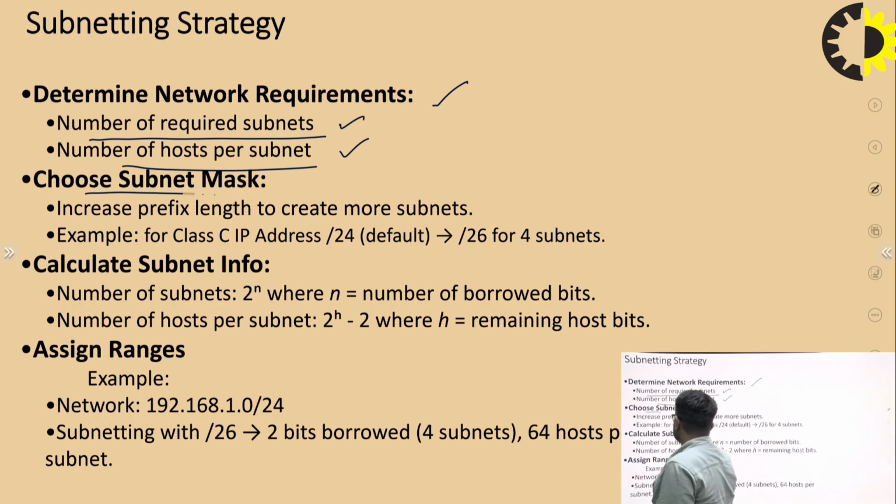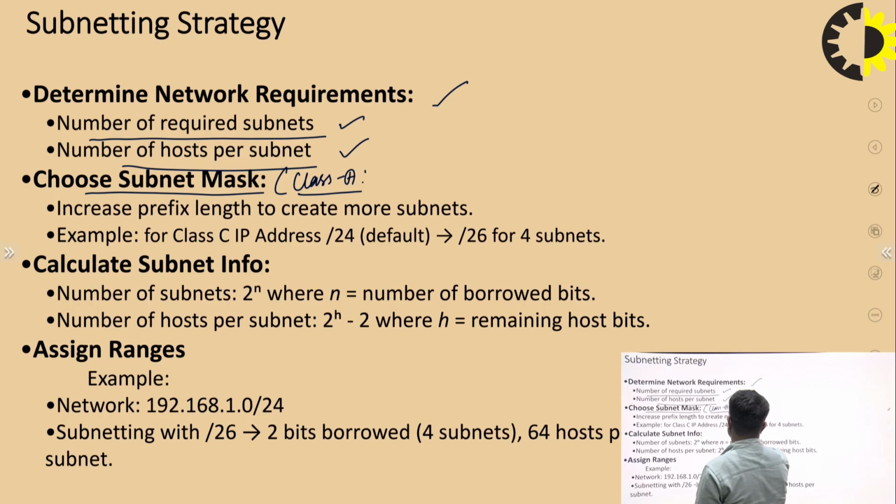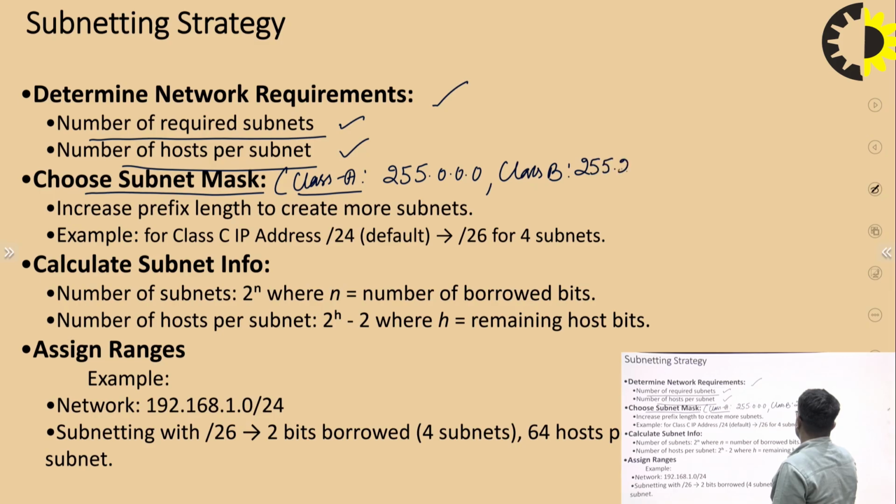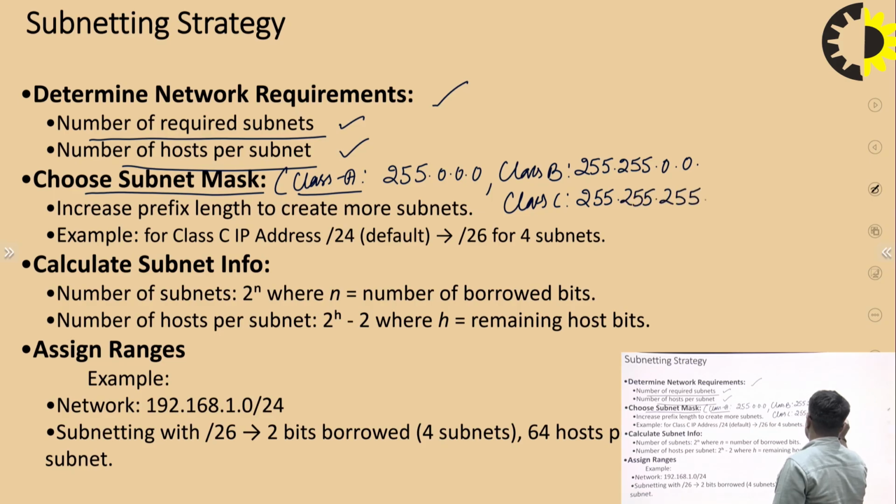Then we have to choose the subnet mask. For class A, we are already aware of the mask, 255.0.0.0, and the class B mask is 255.255.0.0, and for class C the mask is 255.255.255.0.